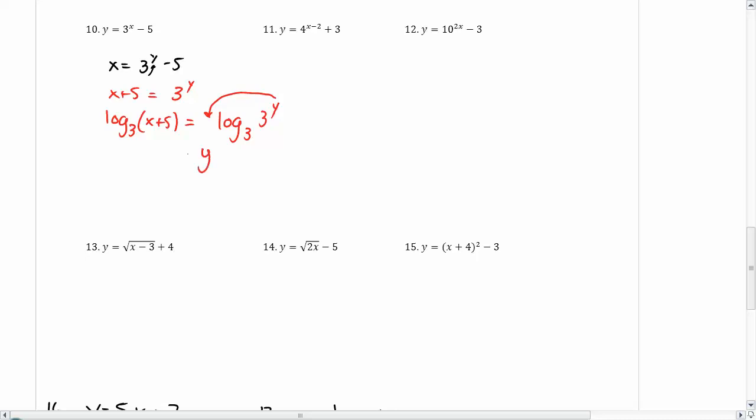So we have y equals log base 3 of x plus 5. And anytime you have something like log base 3 of 3, log base 2 of 2, that's just 1. So we have y equals log base 3 of x plus 5, and let's rewrite this in inverse notation: f inverse of x equals log base 3 of x plus 5.